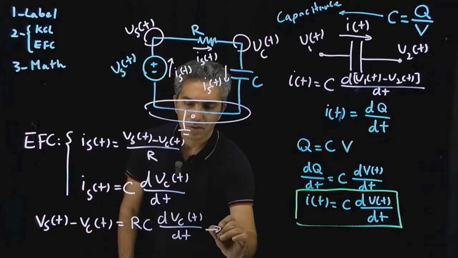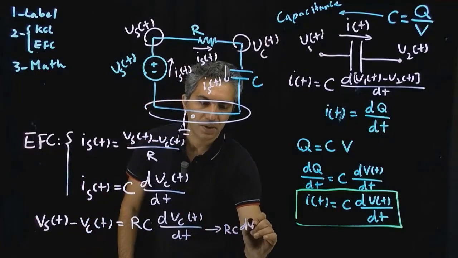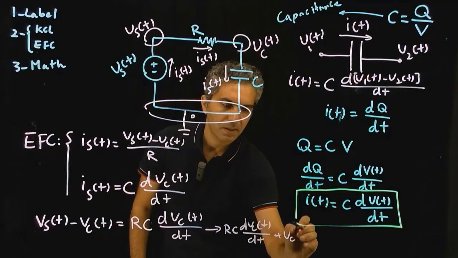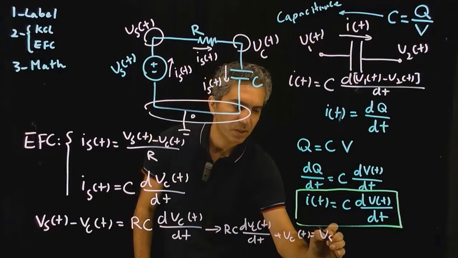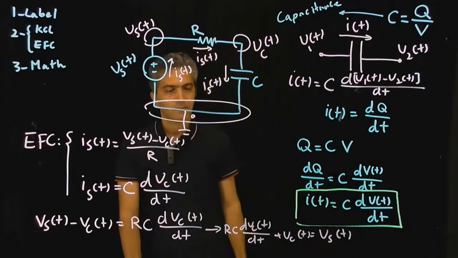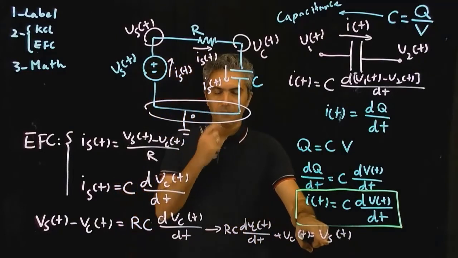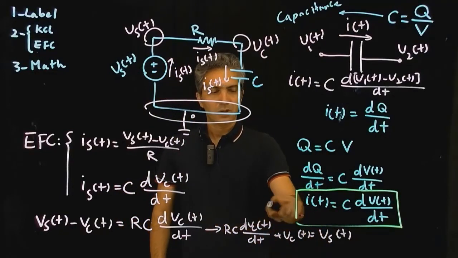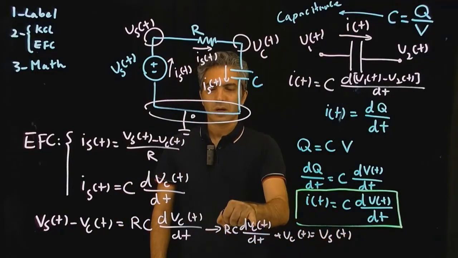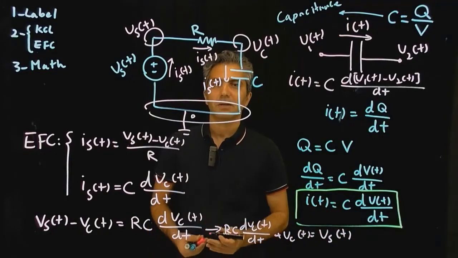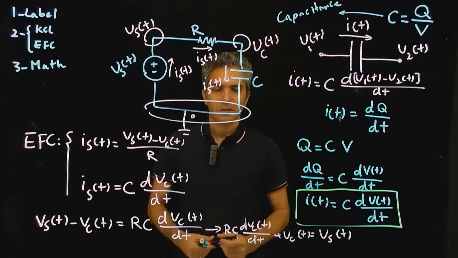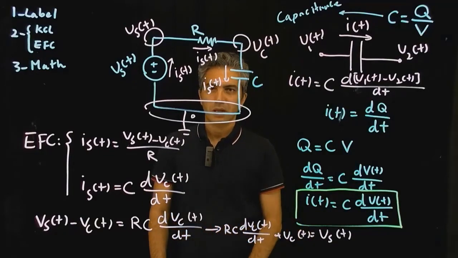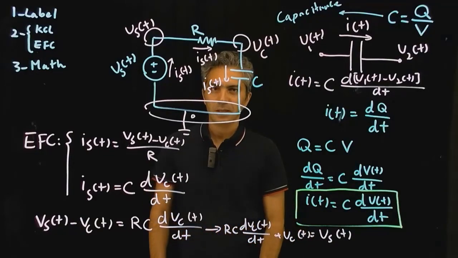In other words, RC dVCT/dt plus VCT is equal to VST. Now, if VST is given, this equation only has one unknown. R and C are known, and VCT is the only thing that is unknown, right? So one equation, one unknown, and I should be able to calculate what VCT is.